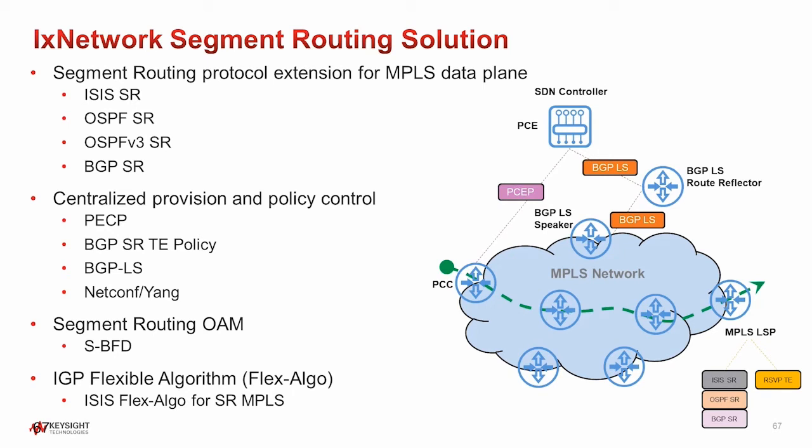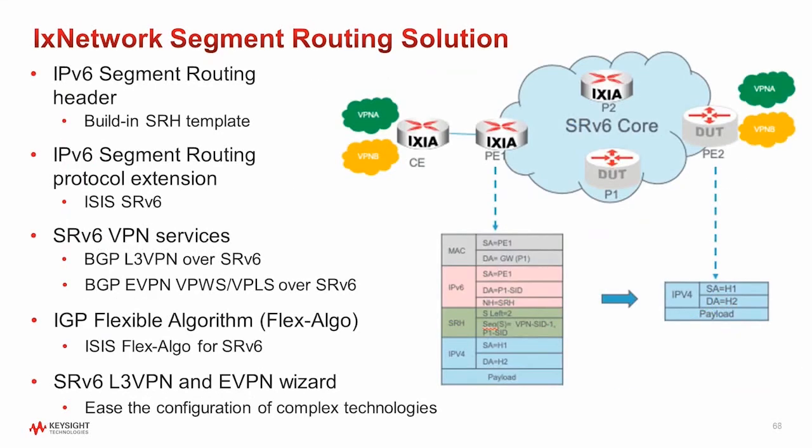And at the same time, one of the recent techniques getting debated for network slicing, Flex Algo, can also be validated using IxNetwork. The coverage is not only limited to IPv4, it expands to IPv6 as well.